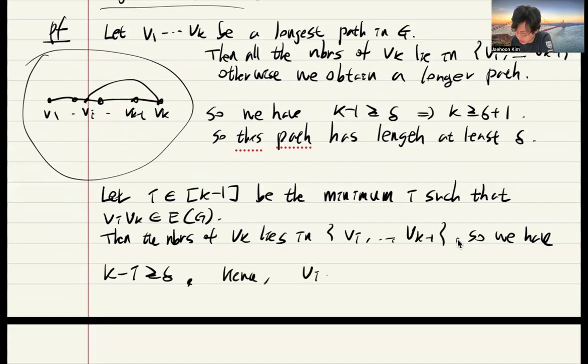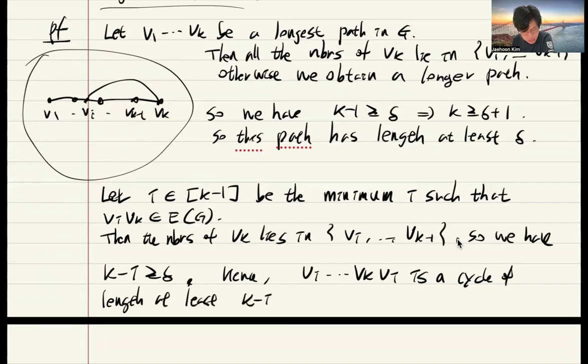Hence, vi to vk and then coming back to vi, this is a cycle of length at least k minus i plus 1, which is at least delta plus 1. So this proves the proposition.